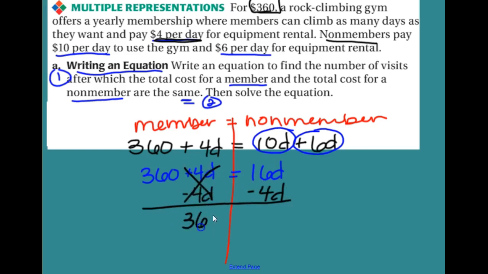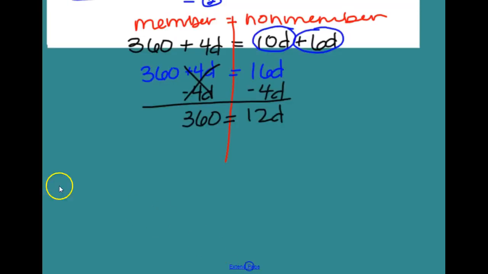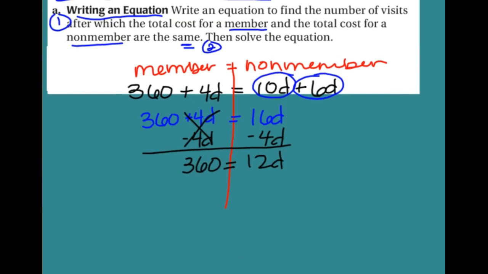We have 360 equal to now 12D. And then last, the opposite of multiplying is dividing. So we have D equal to, well, 36 divided by 12 is 3, and there's a 0 there, so it should be 30. So D stands for the number of days.